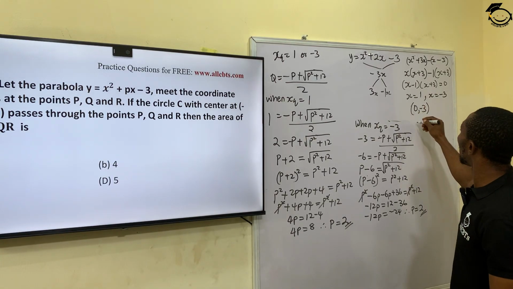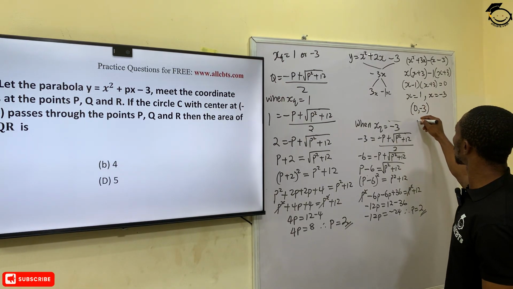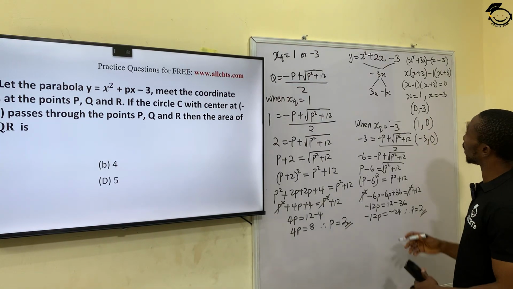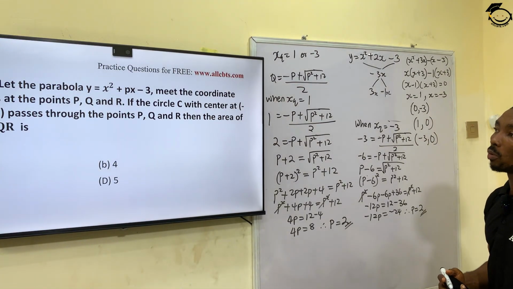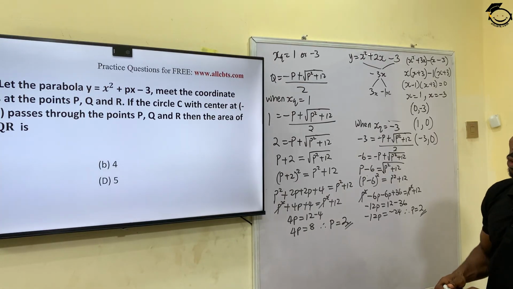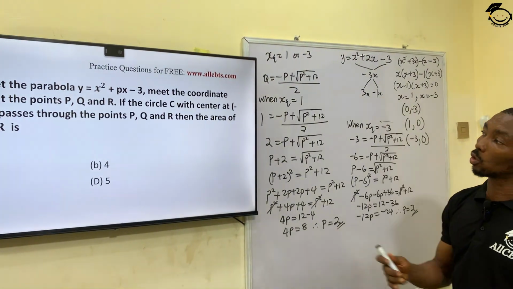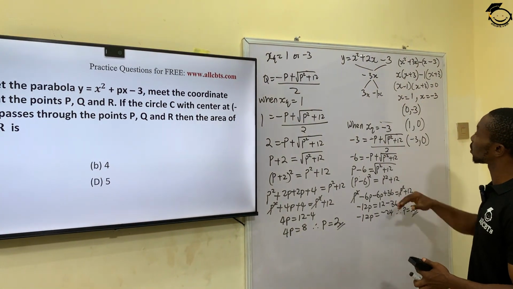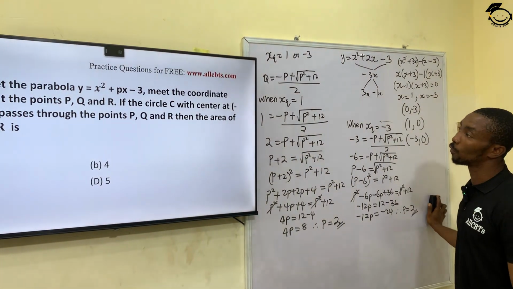Okay, then x equals 1 and 0, and minus 3 and 0 will be the values for P, Q, and R. Now, the question says we should find the area of P, Q, and R. So we are going to use these coordinates we have now to find the area.